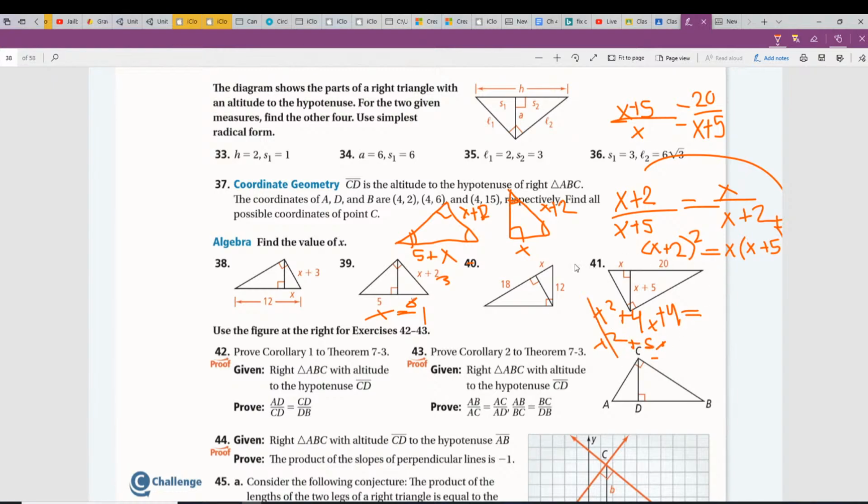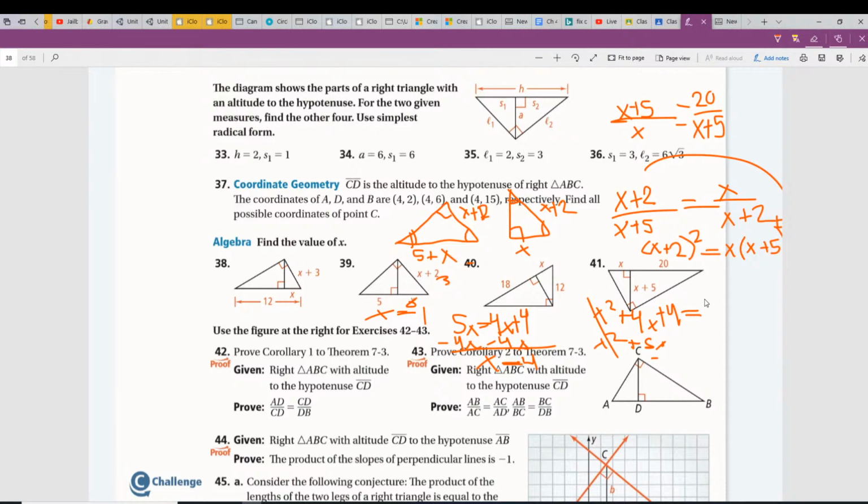Already removed these terms. 5x equals 4x plus 4, right? Then we do 4x minus 4x. x is equal to 4. Okay, so x is equal to 4 for this one.